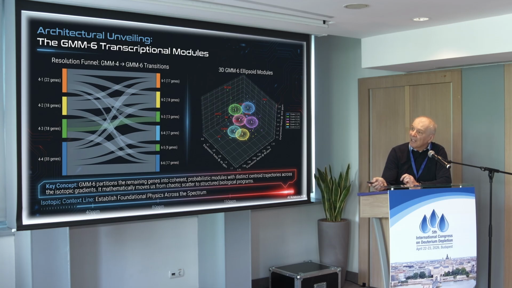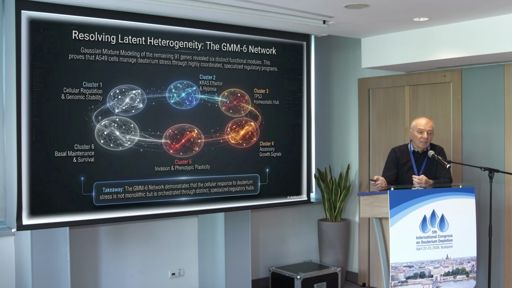On the left side, you see how 4 clusters are not enough, and you have to introduce 6 clusters to properly represent the response of the cancerous cell to deuterium stress. Let me show you these 6 clusters.